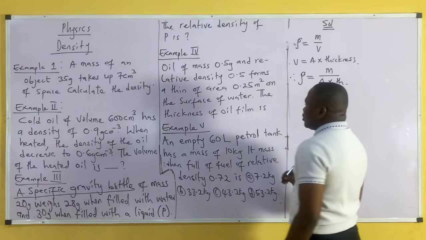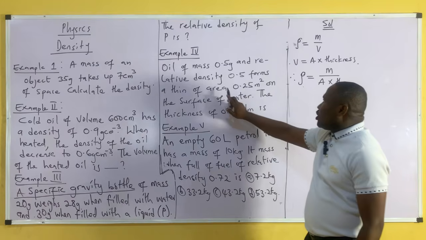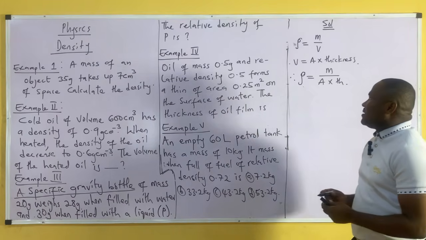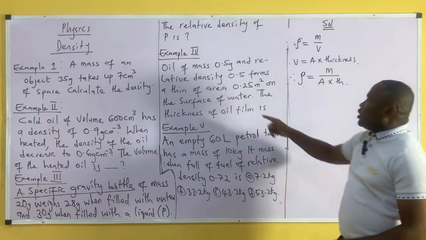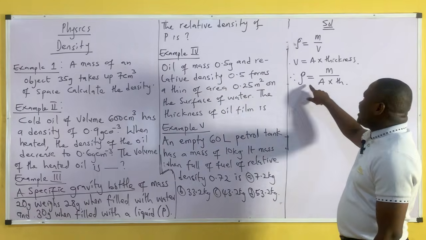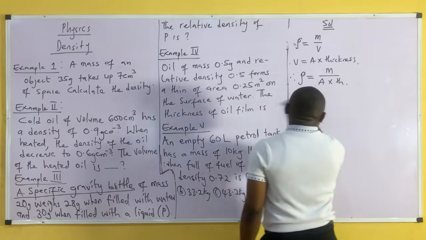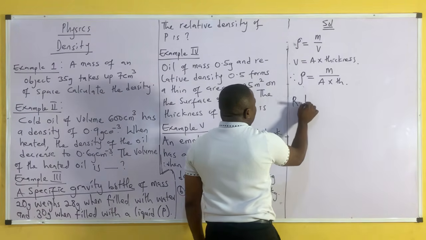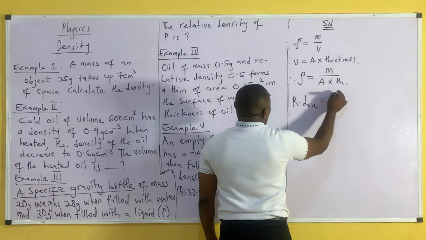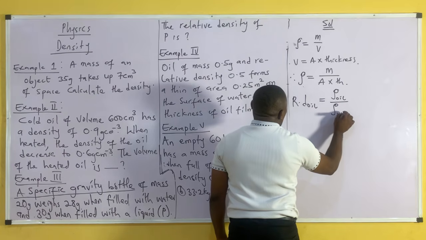That's density. Now remember, we have density here, but what was given to us was relative density. Take note of this. The oil of mass this and relative density this. So they gave us the relative density of the oil, not the density of the oil. So now I will say relative density of oil is equal to density of oil over density of water.